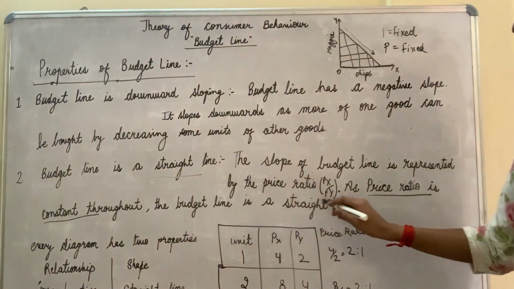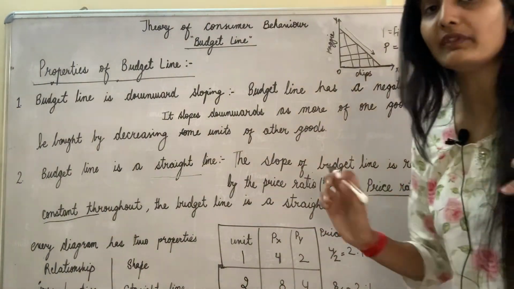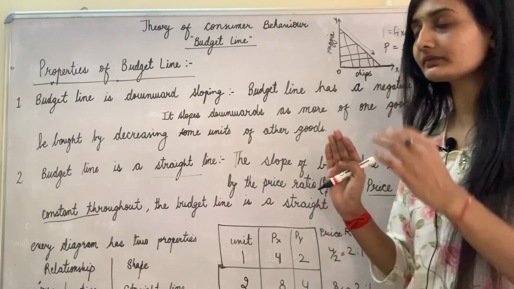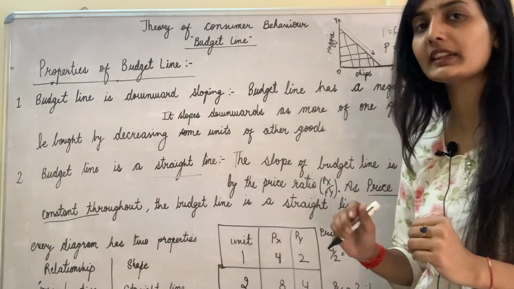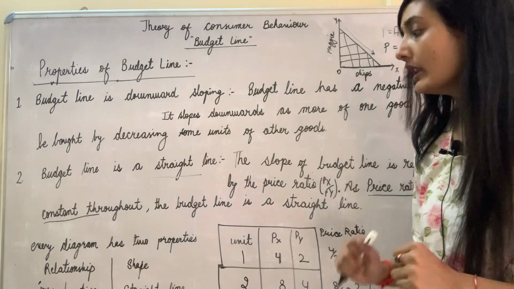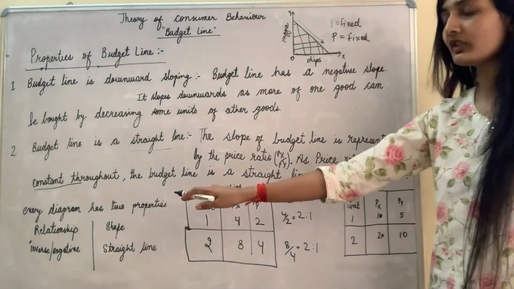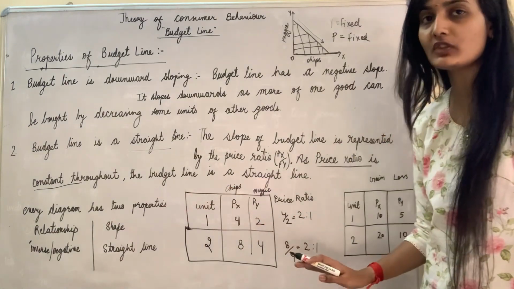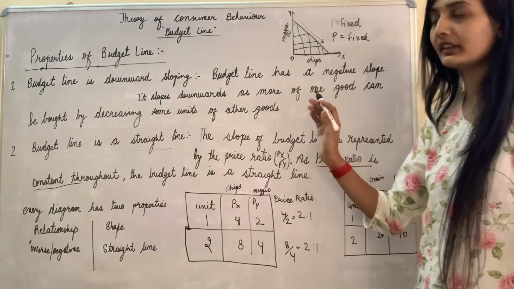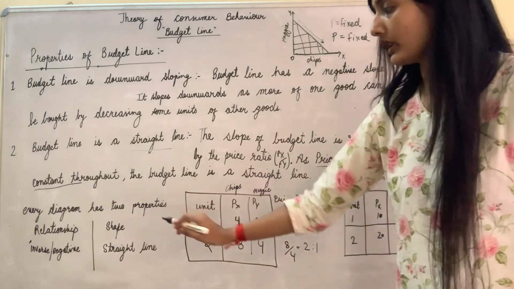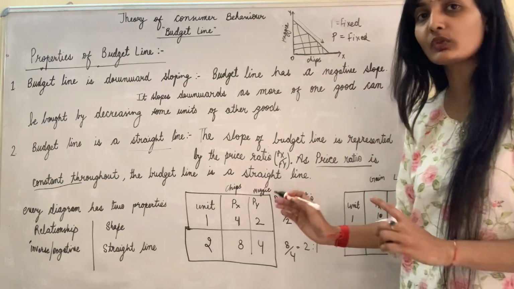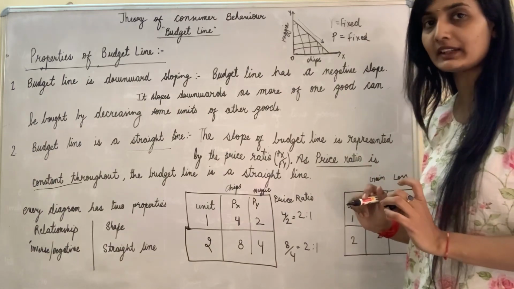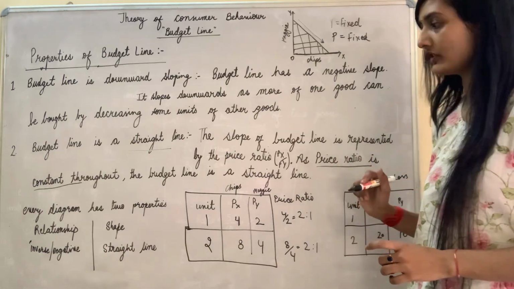So every diagram has two properties, as we have discussed in previous videos also: relationship and shape. Here there is an inverse or negative relation between these two goods under the budget line, and the shape is a straight line, as the slope of budget line is determined by the price ratio.